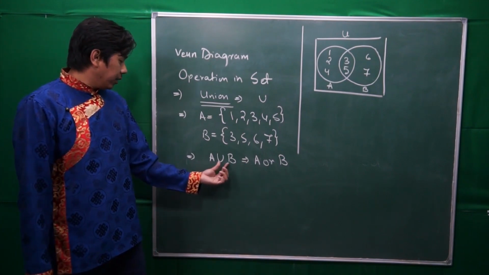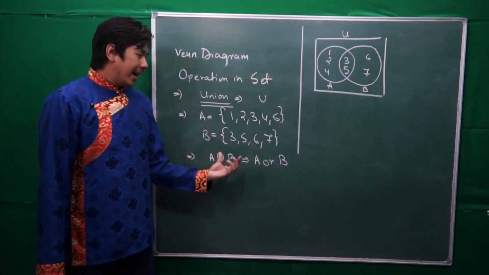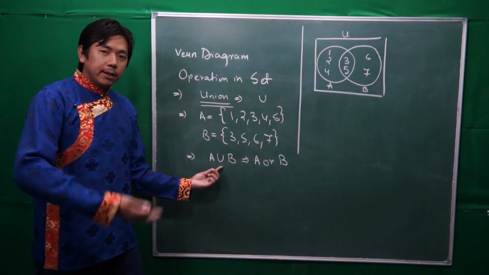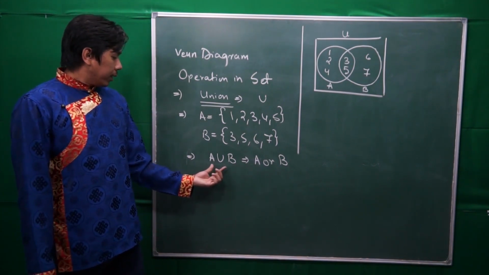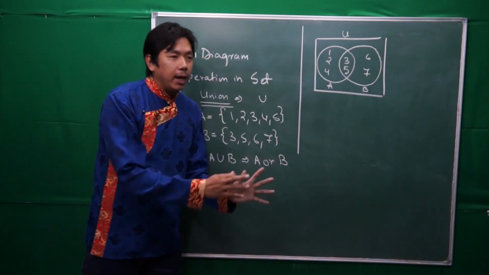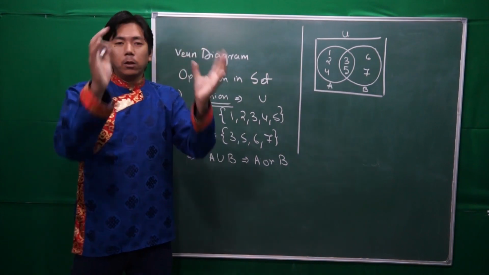Likewise, union also represents addition. When two sets undergo the union operation, the resultant is the elements of A and the elements of B all together.